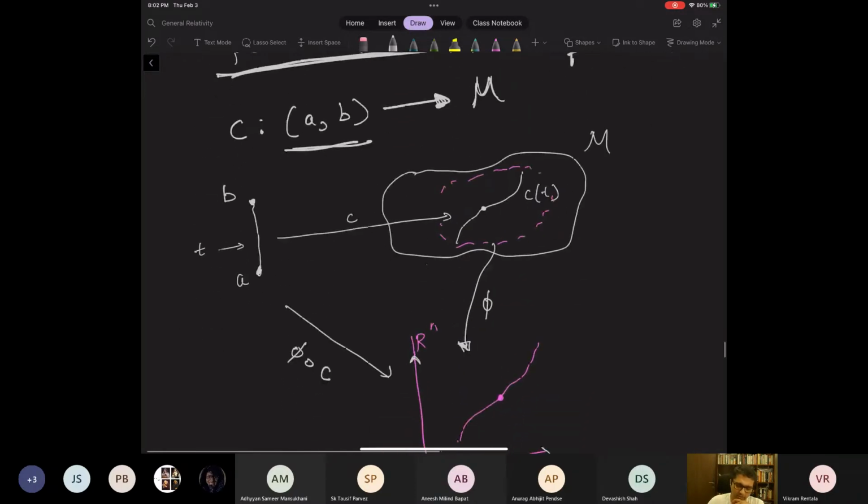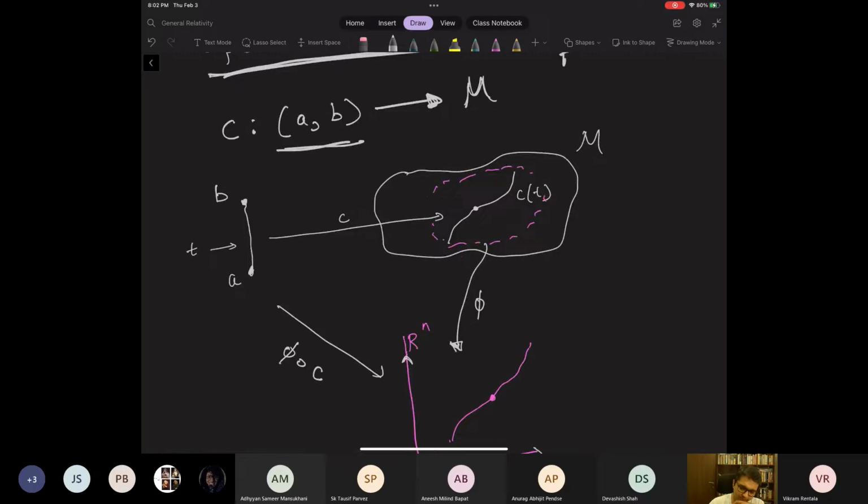So operationally, we have this interval A to B, and we'll denote a coordinate on it as T. Or you can just think of it directly as a subspace of real numbers, so T tells me which real number I'm looking at between A and B. C is a map which takes me from this open interval.